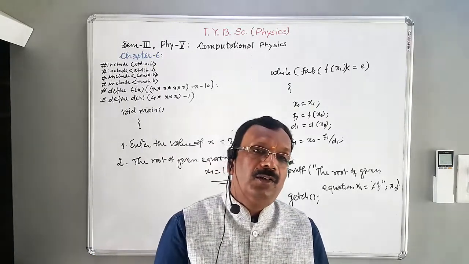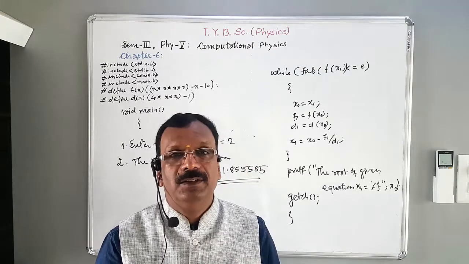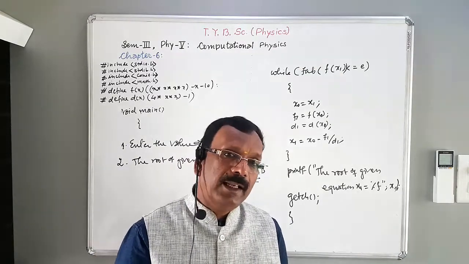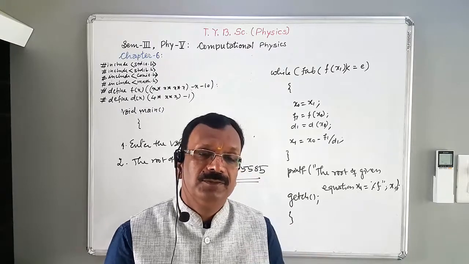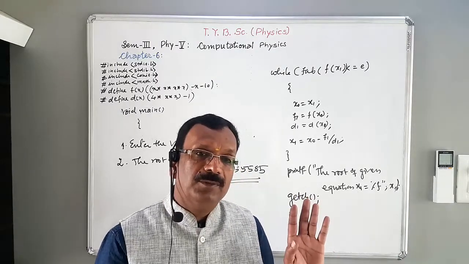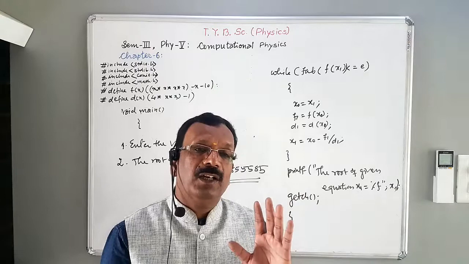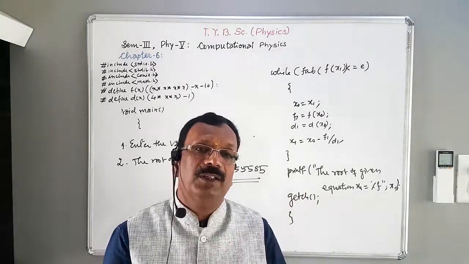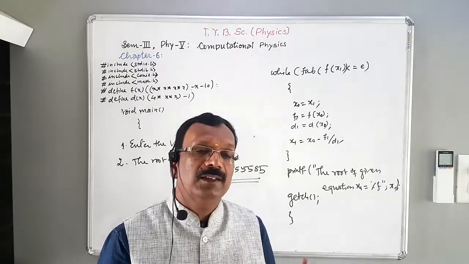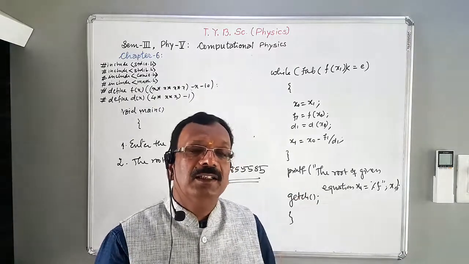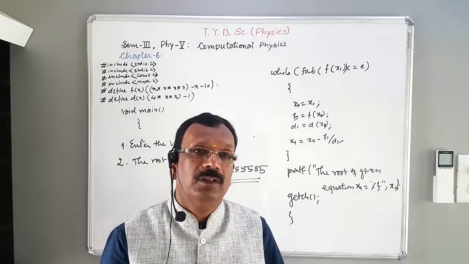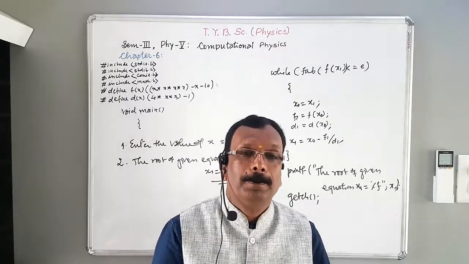And from the discussion of Newton-Raphson method and the illustrative example, we developed the algorithm, and from the algorithm we drew the pictorial or graphical representation of the algorithm, that is nothing but flow chart, and then we prepared and studied the C programming for Newton-Raphson method.